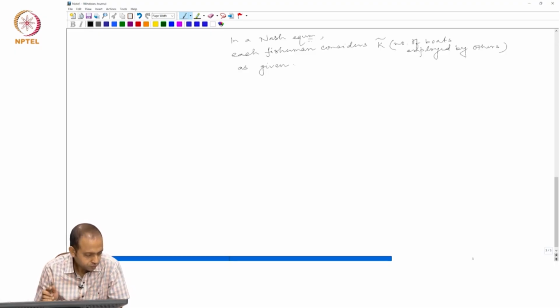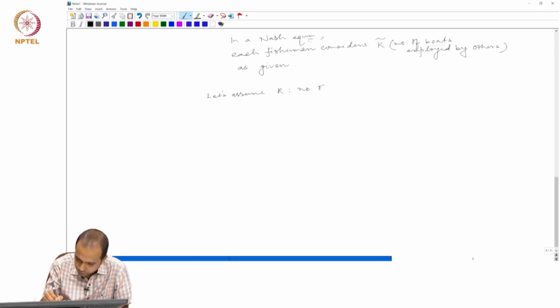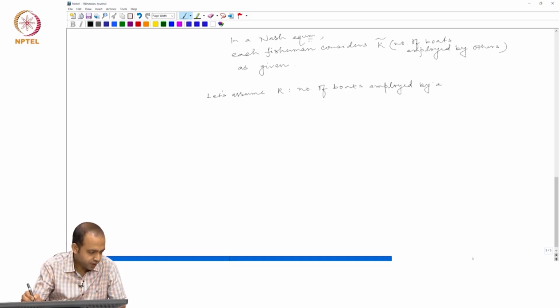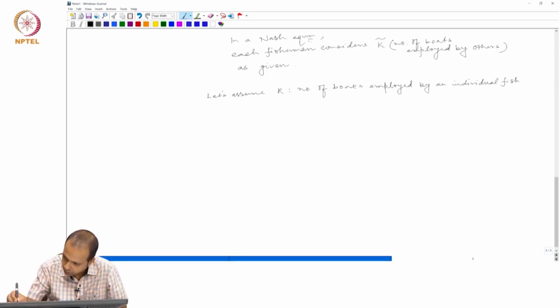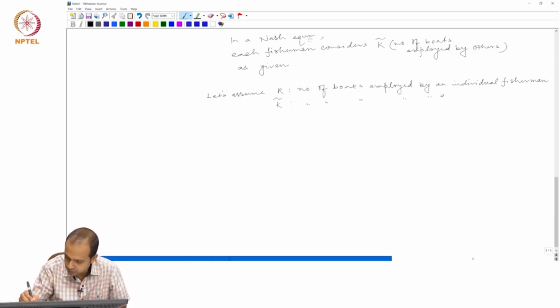Okay. So, let us assume small k is the number of boats employed by an individual fisherman, and K tilde is basically the number of boats employed by all other fishermen.